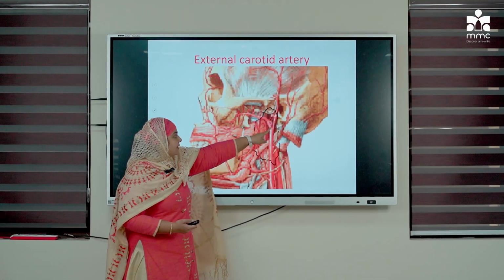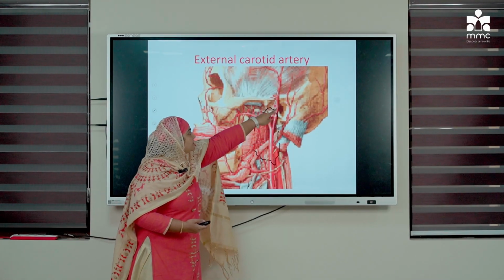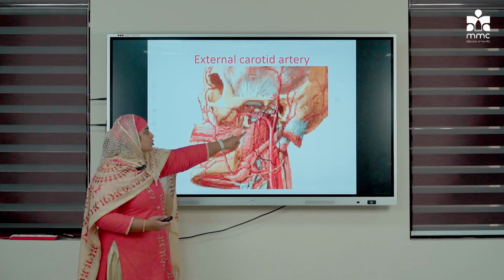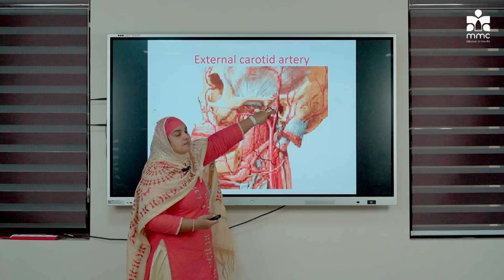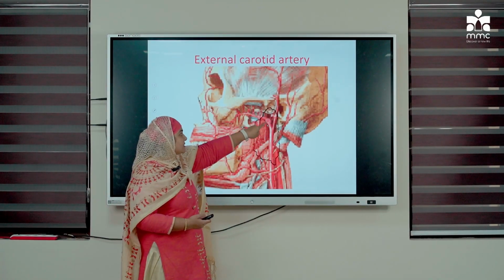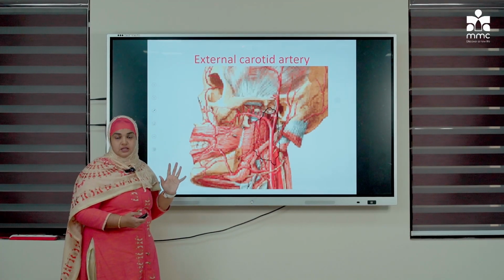It goes up, and at the level of the temporomandibular joint, it divides into the superficial temporal artery and the maxillary artery. The superficial temporal artery, which is emerging out through the base of the parotid gland, and the maxillary artery, they are the terminal divisions of the external carotid artery.